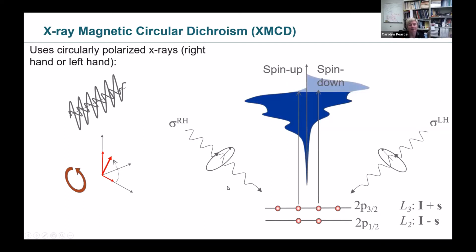And then once they're excited, they then have to find a place to fall back into the 3d shell, and so it's very sensitive to the spin-up and spin-down constituents of that 3d shell. And the difference between these spectra, the left and right-hand circularly polarized X-ray absorption spectra, gives you the XMCD spectrum.